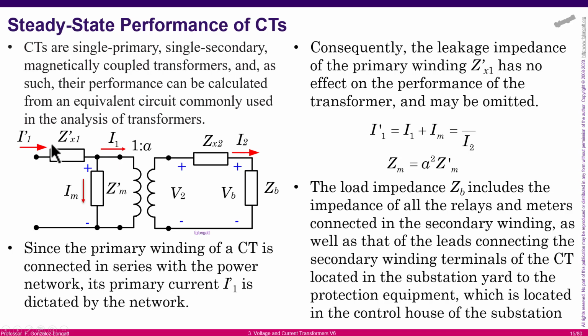There is a primary leakage impedance, there is a secondary leakage impedance, there is a magnetizing branch, and to simplify the circuit, we include an ideal transformer between primary and secondary. And you can see here on the secondary the important and very important load impedance. Later we will call this load impedance the burden. Okay.